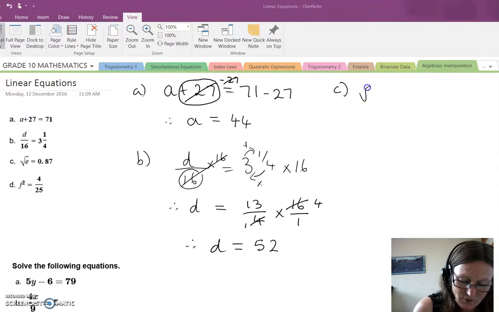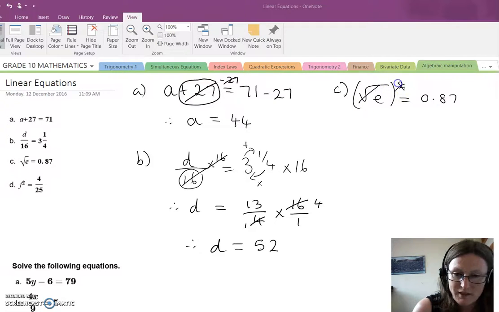C is the square root of E is 0.87. Well, the inverse of taking the square root is squaring it. So if we square this, then the square root and the square sign cancel each other and just leave us with E, which is what we want. What have we done to this side? We've squared it.